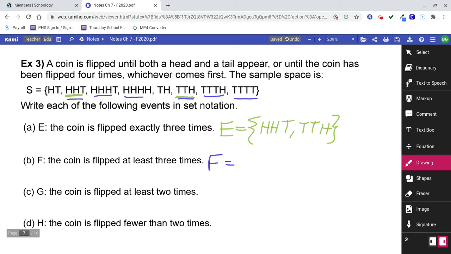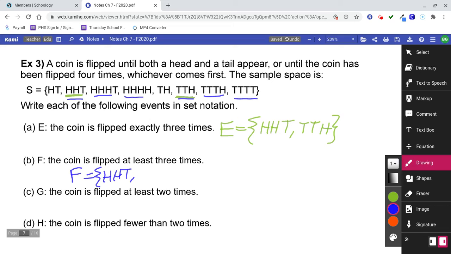Let's just do this. There we go. H, H, T, H, H, H, T, H, H, H, H, T, T, H, T, T, T, H, T, T, T, T.